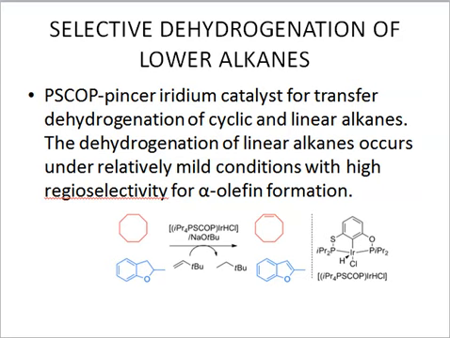If you go for alkanes with higher molecular weight or more complicated alkanes, selective dehydrogenation is not much used, right? One of the most commonly used selective dehydrogenation reagents for lower alkanes is the PSCOP pincer iridium catalyst, right?